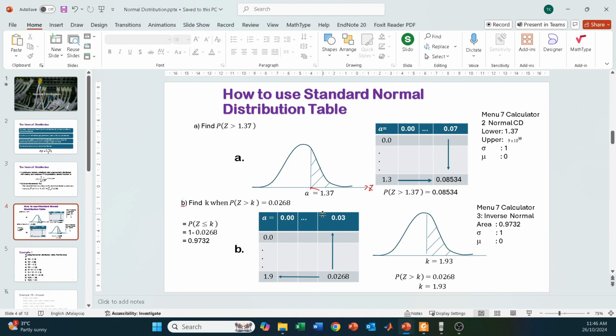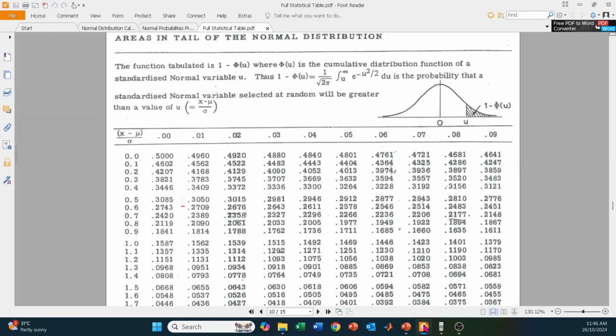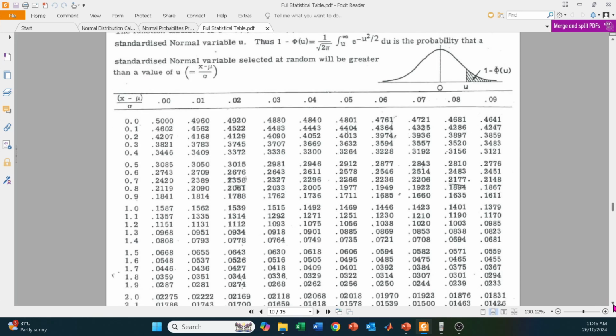The statistical Poisson and binomial distribution table gives the area for greater than or equal. So you read the value 0.0268 from the table and then refer to the alpha: this is 1.9, this is 0.003, so it will be 1.93.